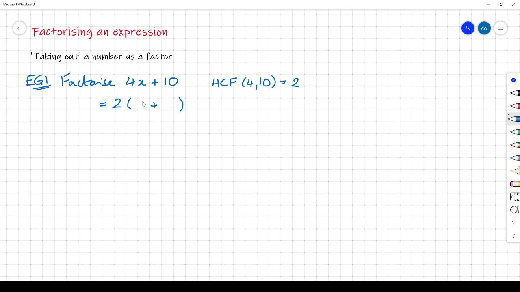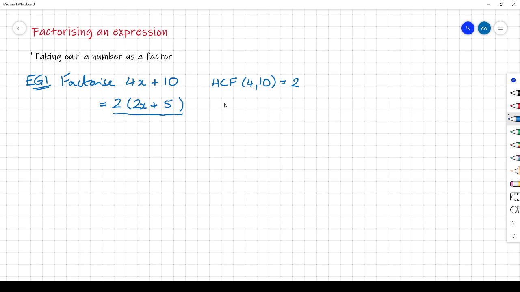The way I always do this is think of multiplying out, expanding my bracket to go back to my original expression. So I ask myself, 2 times what will give me 4x? Well, of course, 2 times 2x is 4x. 2 times what will give me 10? 2 times 5 gives me 10. And that is the way I prefer to look at it. And that is factorised. That's done.